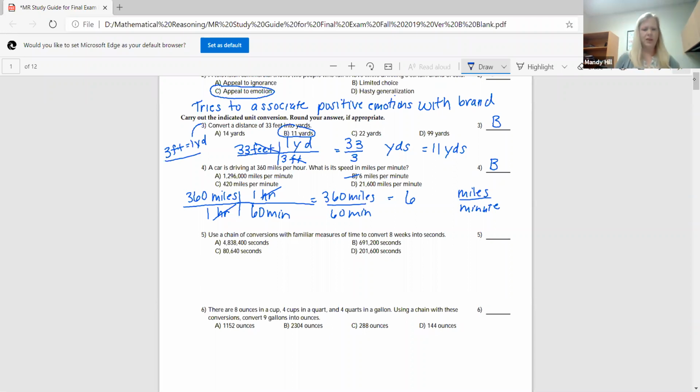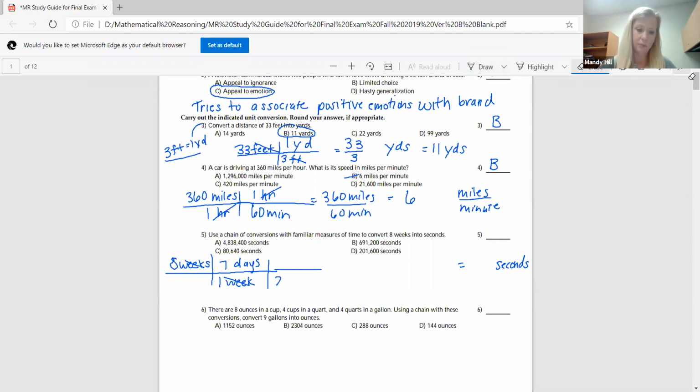Number 5 says use a chain of conversions with familiar measures of time to convert 8 weeks into seconds. So we're starting with 8 weeks, and we want the answer to be in seconds. Well, the next unit under weeks that I can think of is days, right? And 1 week has 7 days. I put the weeks on the bottom so they would cancel out. I don't want days, I want seconds. Well, the next smaller thing than days would be that 1 day has 24 hours.